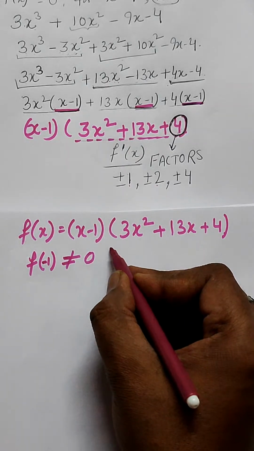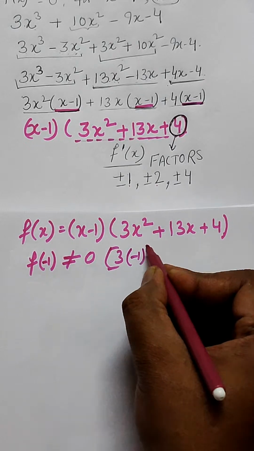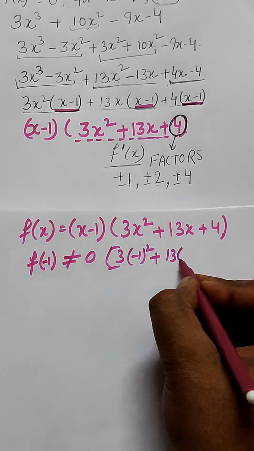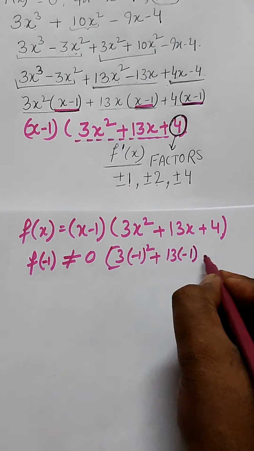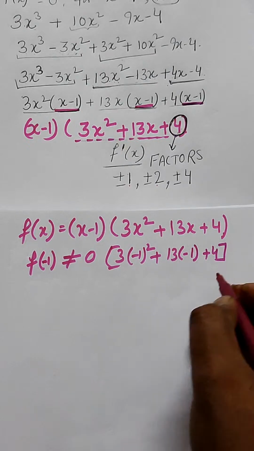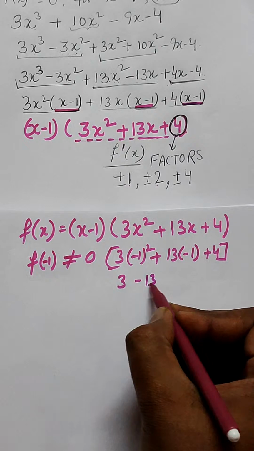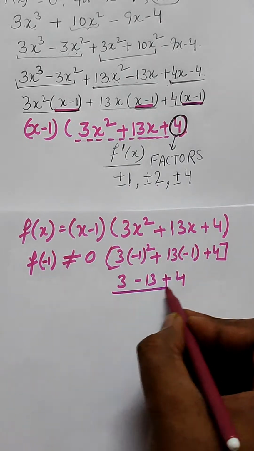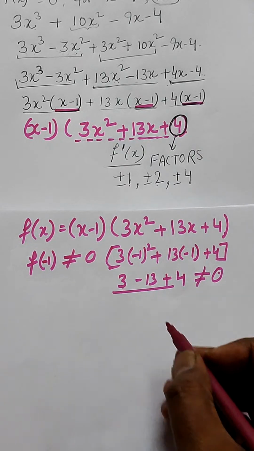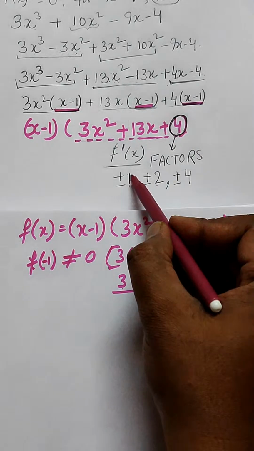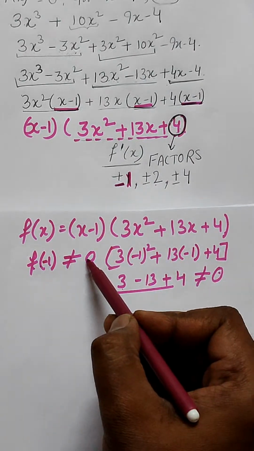You can see 3 into minus 1 whole square plus 13 into minus 1 plus 4. So this will give you 3 minus 13 plus 4. This is not equal to 0 because 3 plus 4 is 7, 7 minus 13 is not equal to 0. So for this factor minus 1, f of minus 1 is not equal to 0.